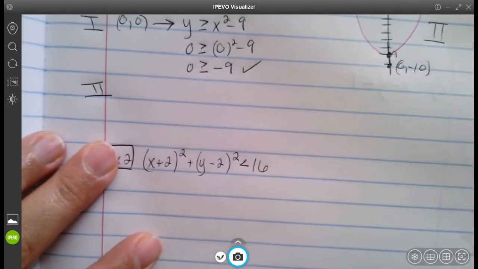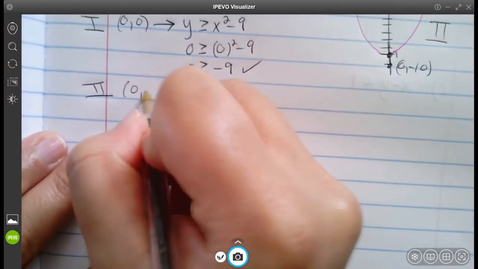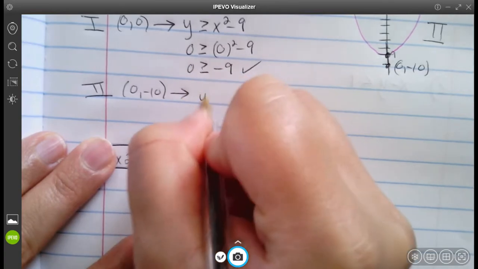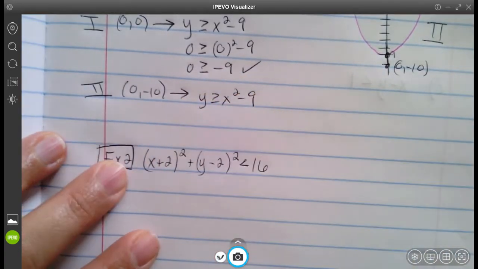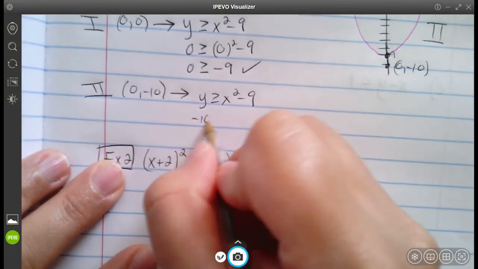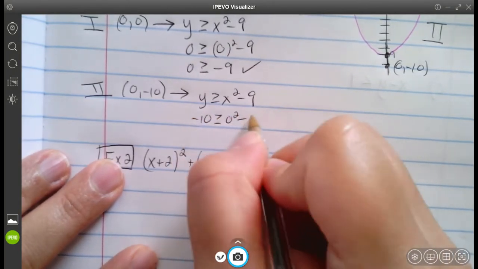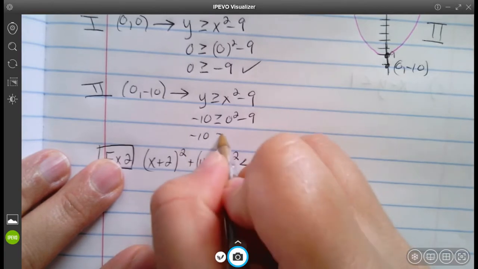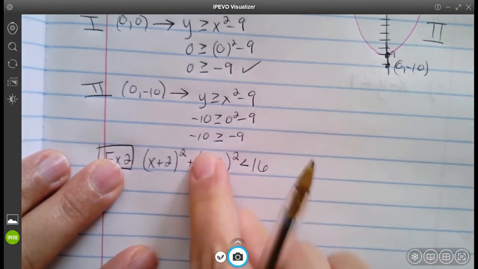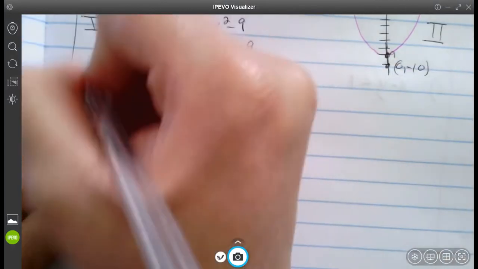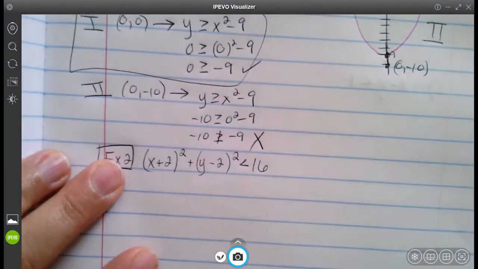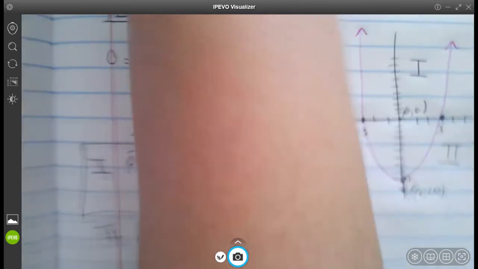So that's negative 10 greater than or equal to 0 squared minus 9, which is negative 10 greater than or equal to negative 9, which is a false statement. So it looks like region 1 is where we are shading.